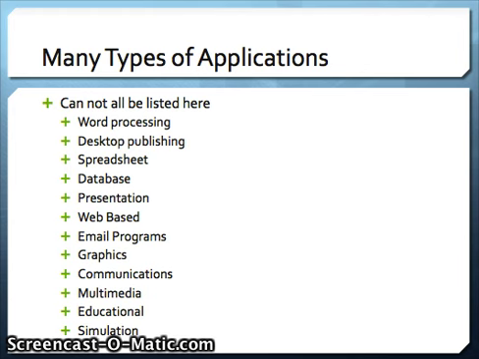They can't all be listed here, but types of applications include word processing, desktop publishing, spreadsheet, database programs, presentation software, web-based programs, email programs, graphics, communication, multimedia, educational programs, and also simulation programs. I'm sure you could think of many on your computer.